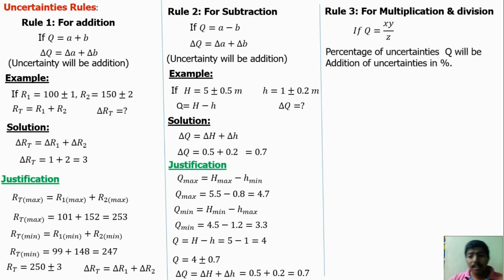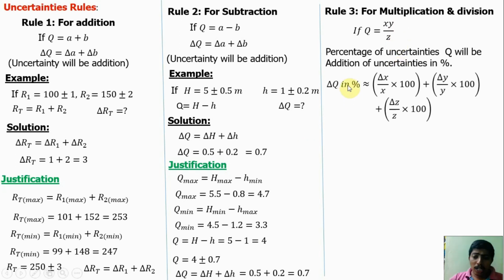So here the percentage of uncertainties of Q will be addition of uncertainties in percentage of x, y, z. So del Q in percentage is equal to uncertainties of x in percentage plus uncertainties of y in percentage plus uncertainties of z in percentage.